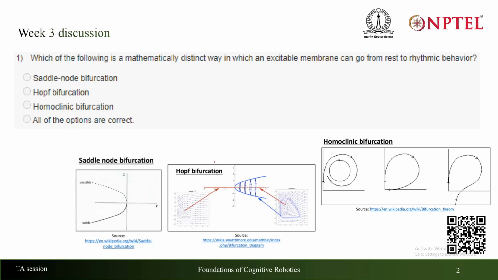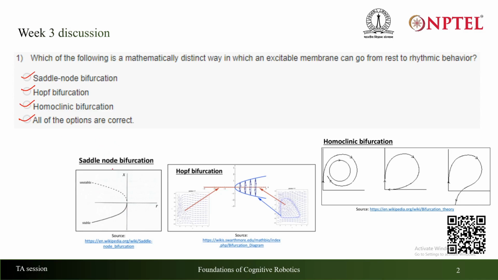That is known as bifurcation. Bi stands for two. There are three types of bifurcation that can lead an excitable membrane from rest to rhythmic behavior: the saddle node bifurcation, the Hopf bifurcation, and the homoclinic bifurcation. For this question, all three of them are correct, and hence the answer is D.